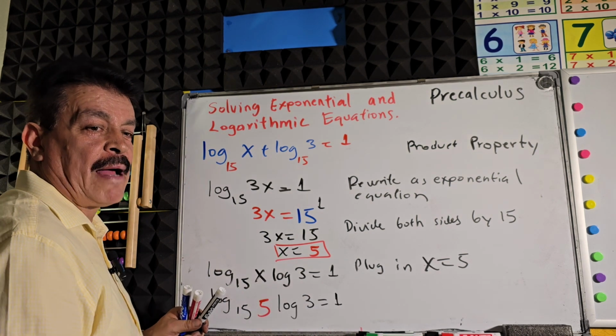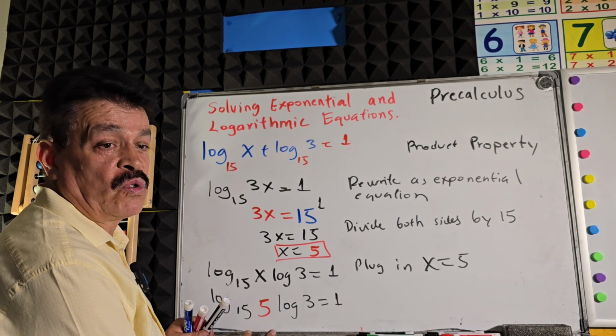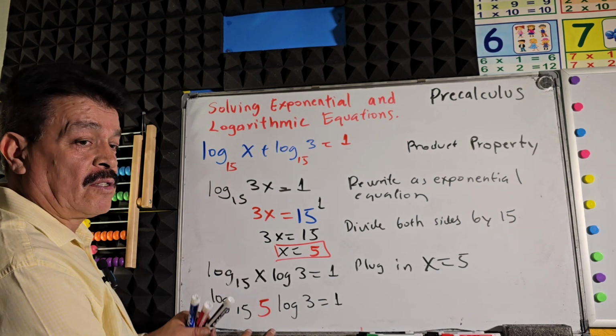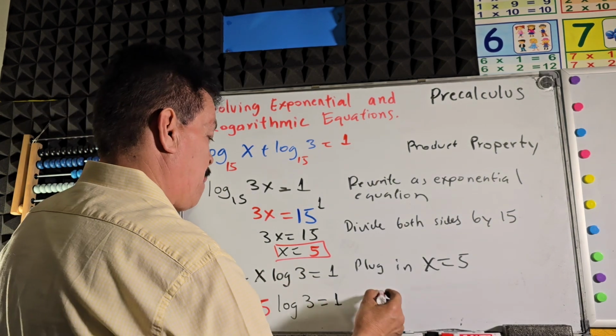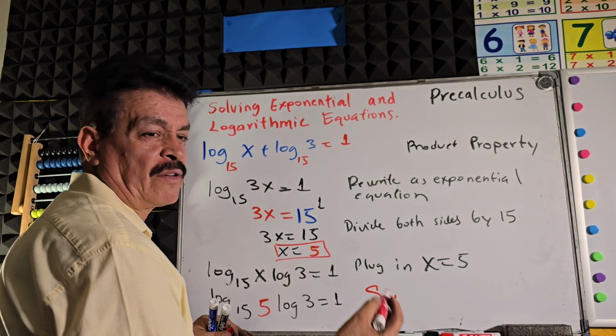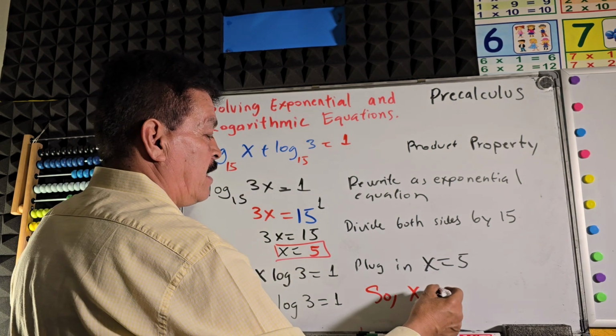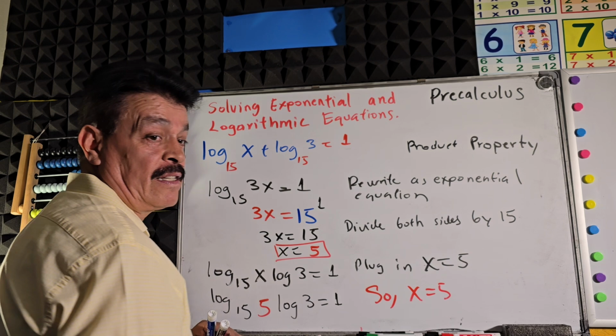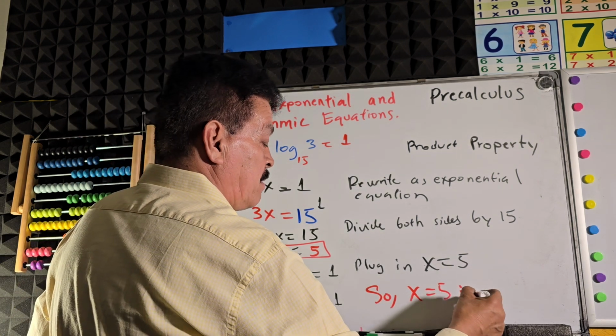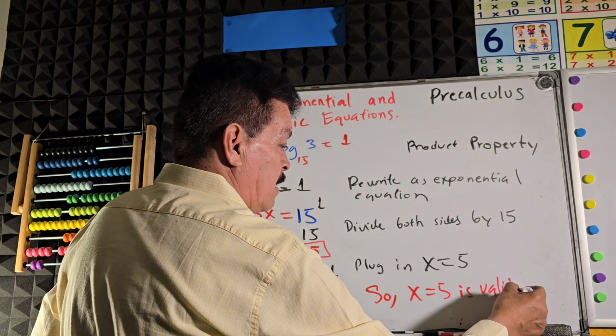So the solution is valid. This solution is valid for this problem. Our conclusion: x equals 5 is a valid solution.